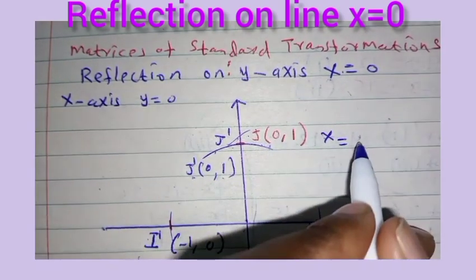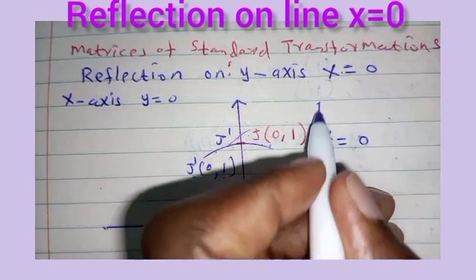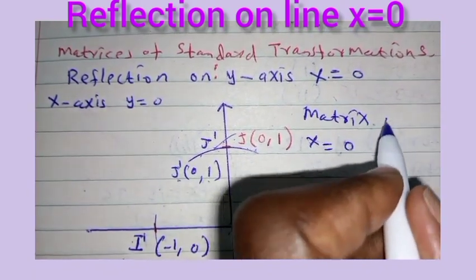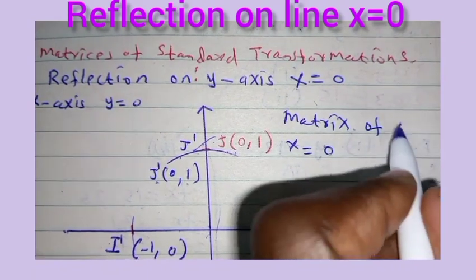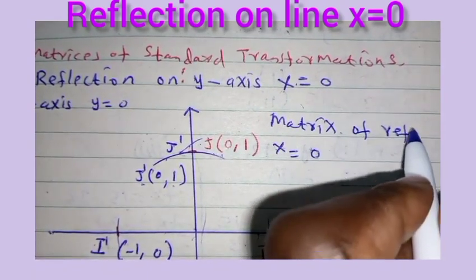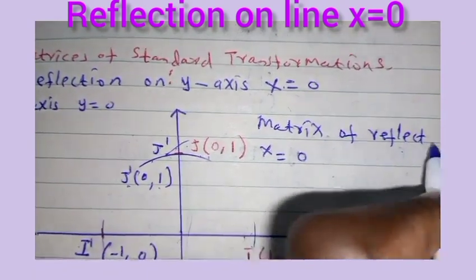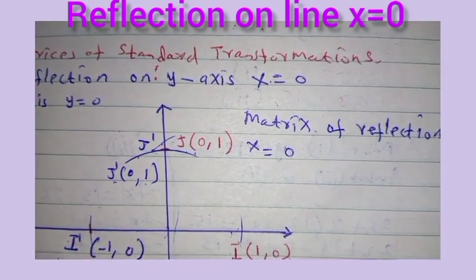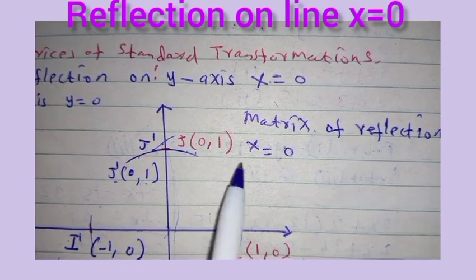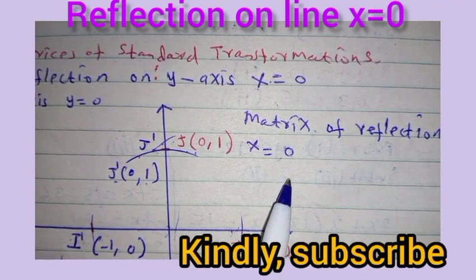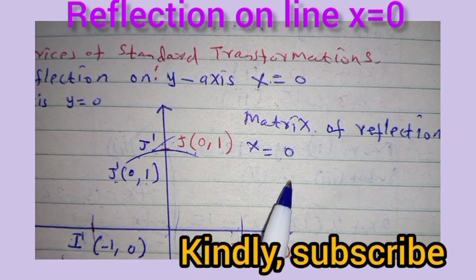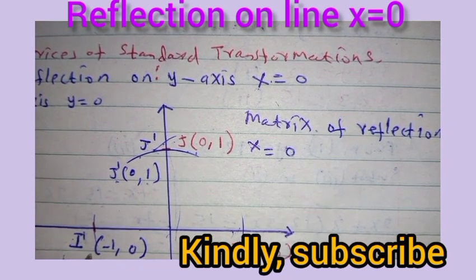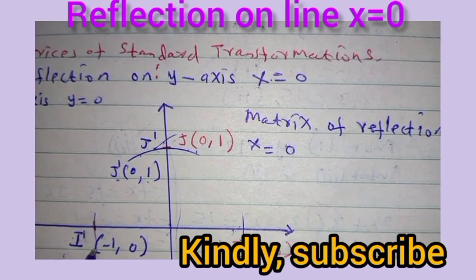Meaning that the matrix of reflection on the line x is equal to 0 will be given by, first of all, you start with the one which is along the x-axis.